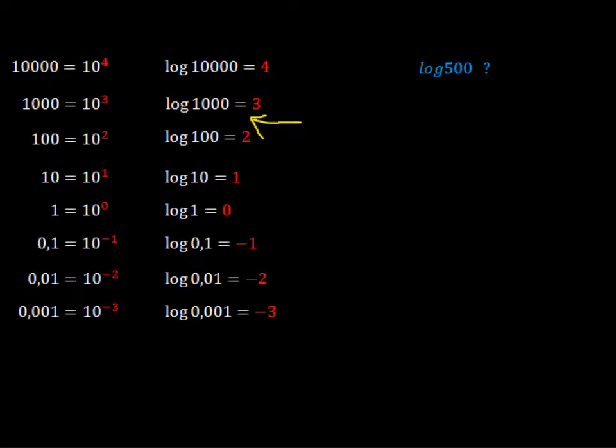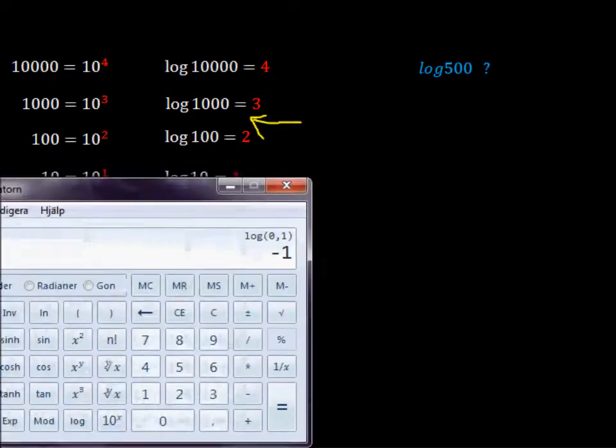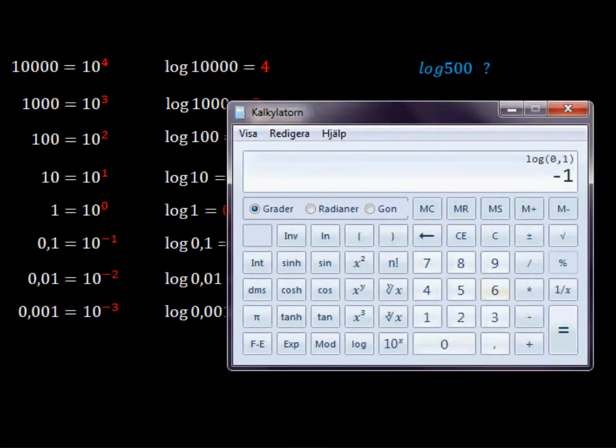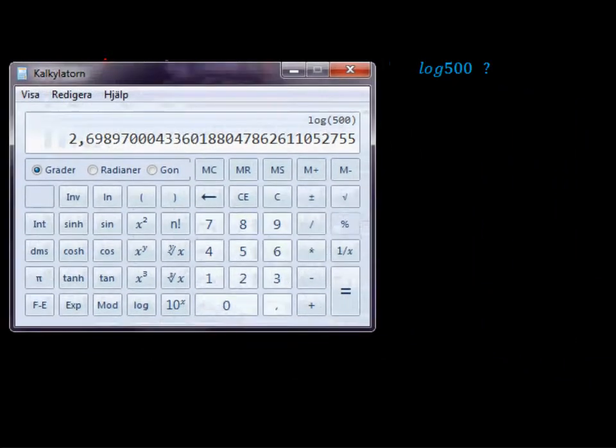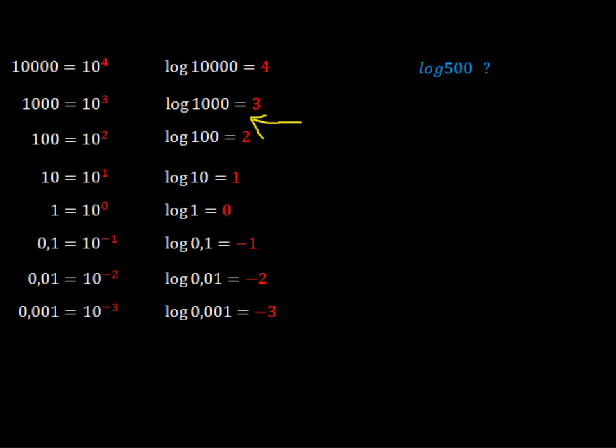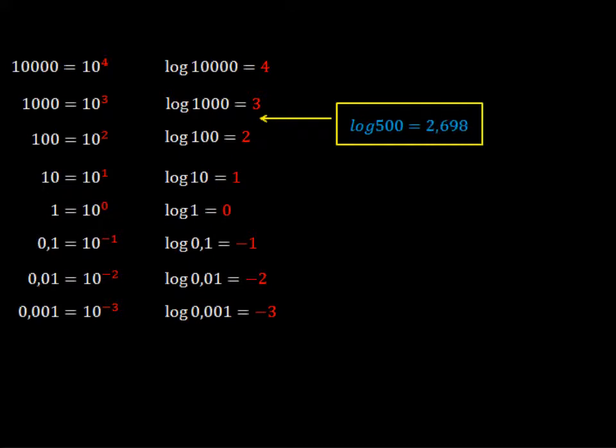And that's exactly what we find. I'll bring this over here. 500 log gives 2.6989 and a bazillion little decimals. We're not going to worry about those. Okay, let's clear this up. There we go. We expect to find it there, and in fact, we did.